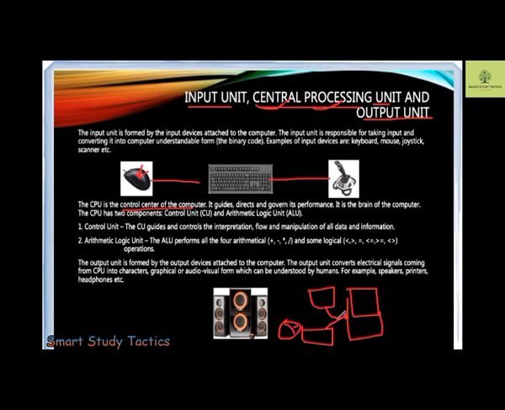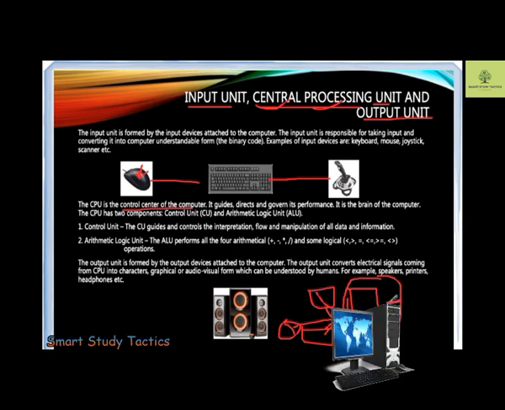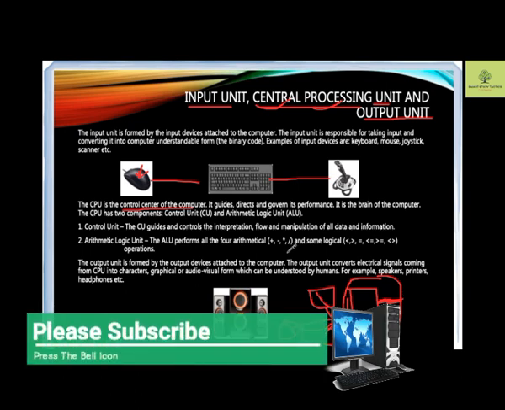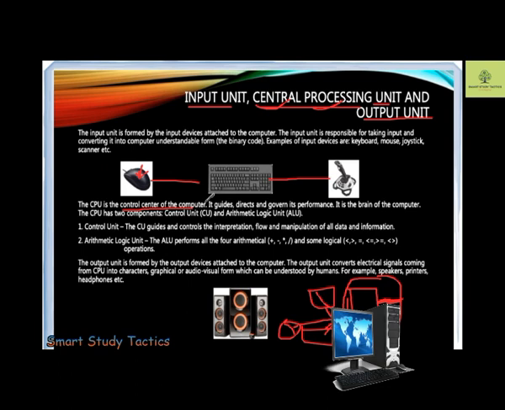That's why it is known as the central processing unit, because it is in the center, and all the processing work, whatever you are inserting, whatever you are getting, is done by this. This area is responsible for processing, and it is a hardware device, so that's why it is known as a unit. As the brain of the computer, it controls all the input and output.